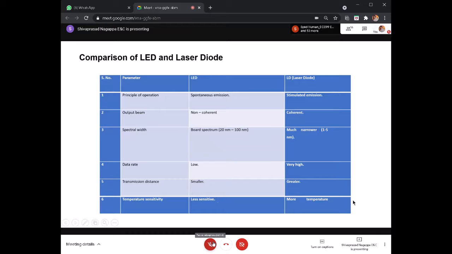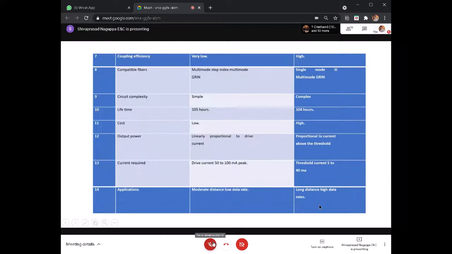Okay, so temperature sensitivity: the LED is less sensitive, this is more. Fine. Next, coupling efficiency is very low for the LED. Why, you all know. Whereas here it is high.